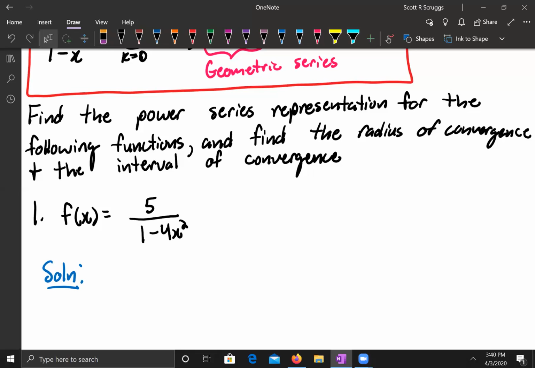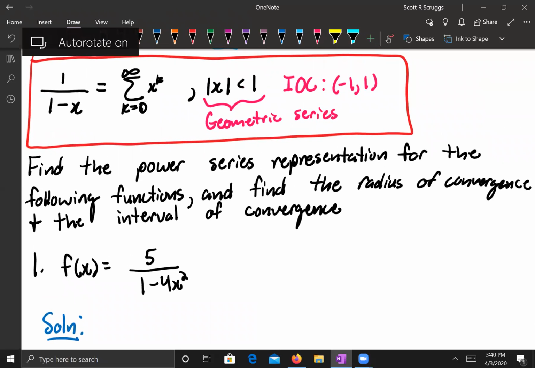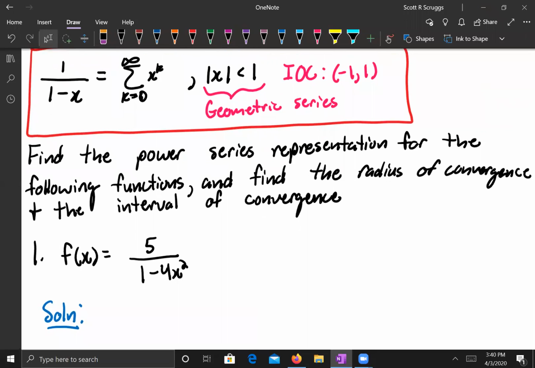So keep working on that problem. So my advice, Unique, to start off, we know the power series representation of 1 over 1 minus x is the sum of k equals 0 to infinity of x to the k.